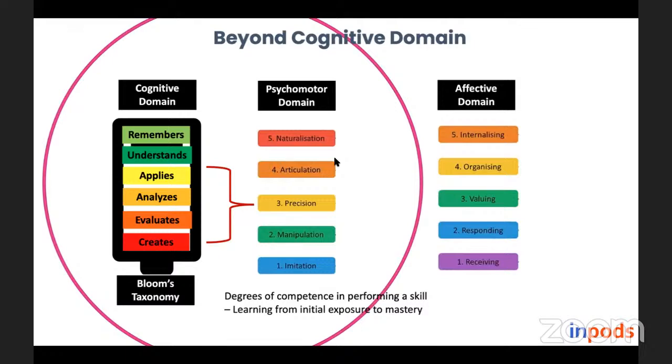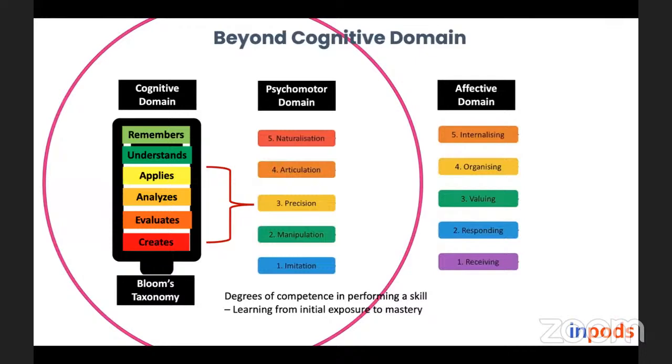So my argument to you is that, if you look at the accreditation manuals or some other guidelines or policy documents that you open, you will see that there is generally a reference to Bloom's taxonomy, cognitive process.